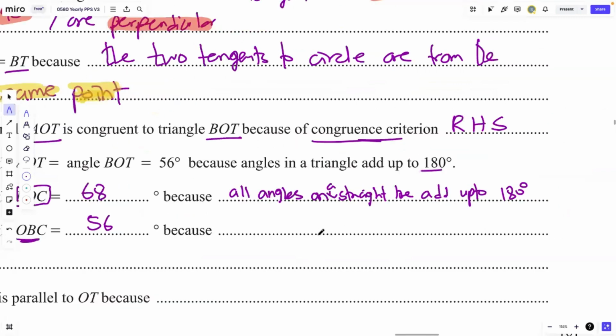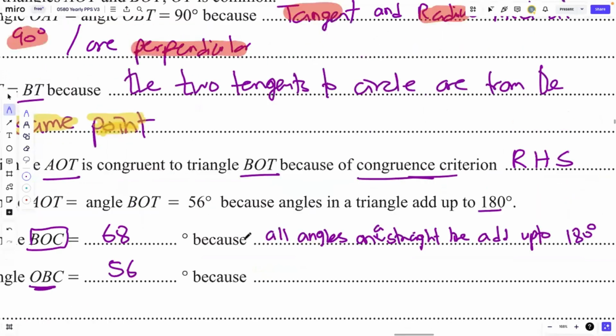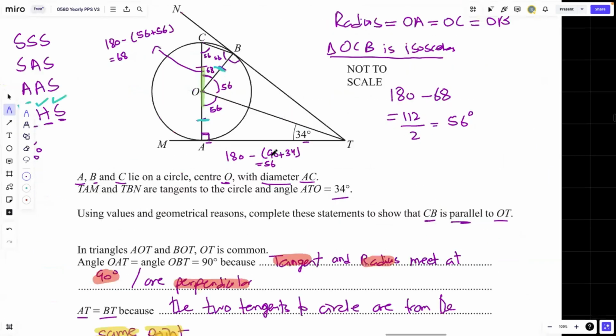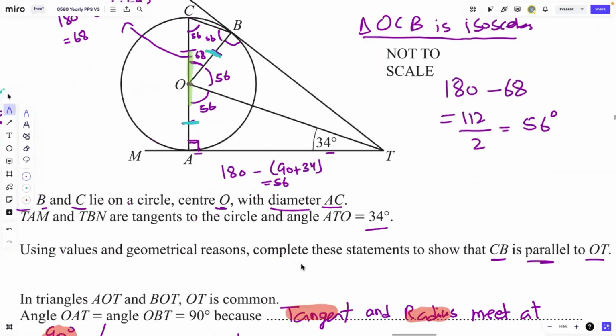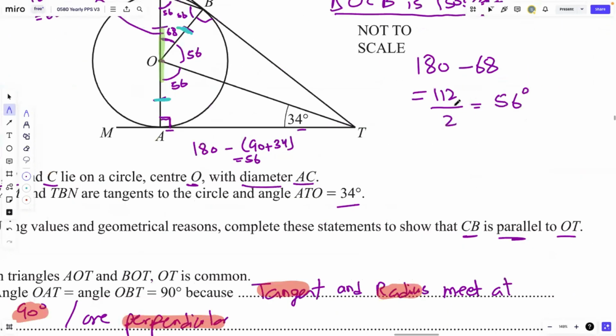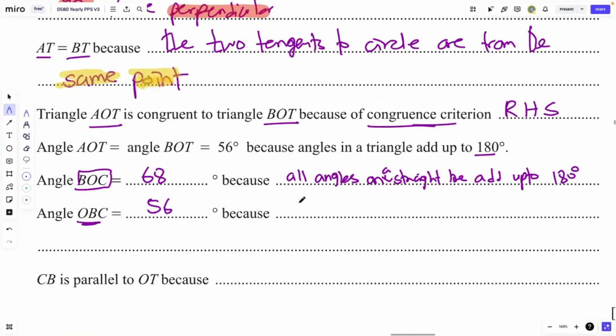And for the reasoning for that, you have an extra line here because you'll have to write two reasonings for why this is 56. First thing is that we figured out that it's isosceles. So that's why we just subtracted from 180 and divided by 2. Both the angles are equal. So because OCB triangle is isosceles, base angles are equal.